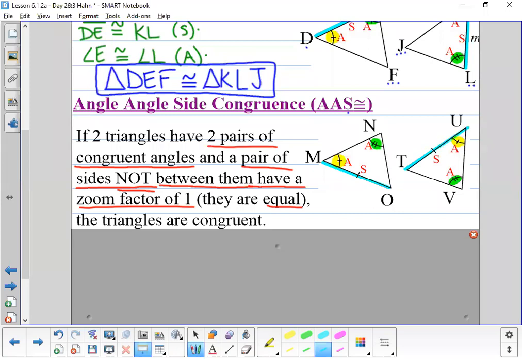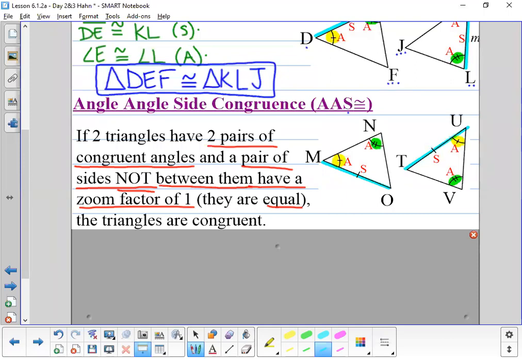Now notice on this one, I don't have a value or a variable, but I have that marking that shows me that those two sides are congruent. That little hatch mark on the side means those two sides are congruent to each other. So if they're congruent, they're equal. They have a zoom factor of 1. So it doesn't matter that I don't have numbers or even a variable for those side lengths. The markings on the diagram are enough to tell me that those are congruent as well.